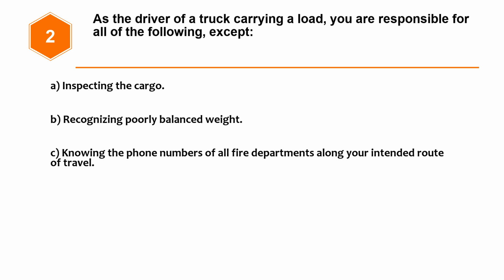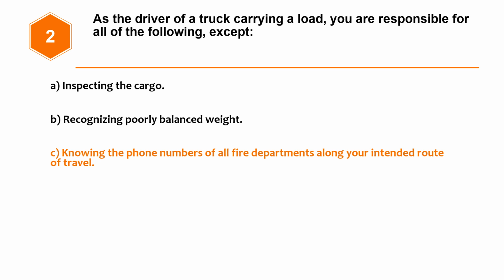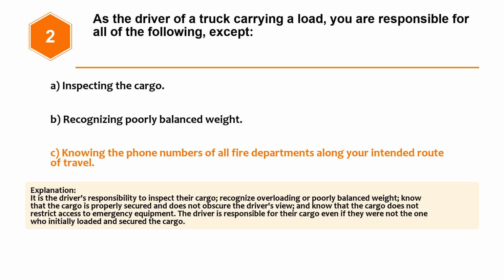Question 2. As the driver of a truck carrying a load, you are responsible for all of the following, except Option A. Inspecting the cargo. Option B. Recognizing poorly balanced weight. Option C. Knowing the phone numbers of all fire departments along your intended route of travel. The correct answer is option C. Explanation.